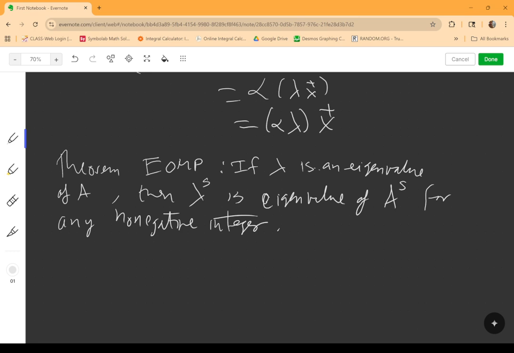Now let's take a look at our next theorem. For this one, I'm going to bring the textbook into play because it's a bit involved. There's just a lot going on here.